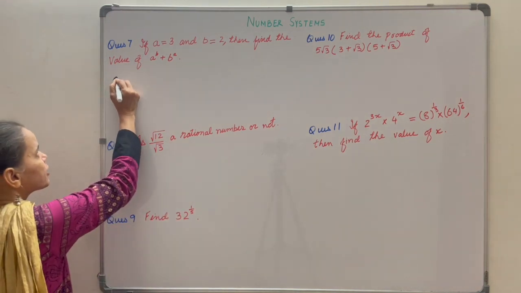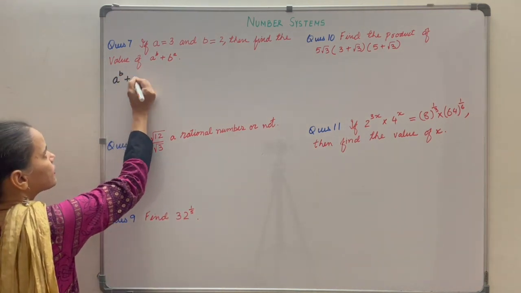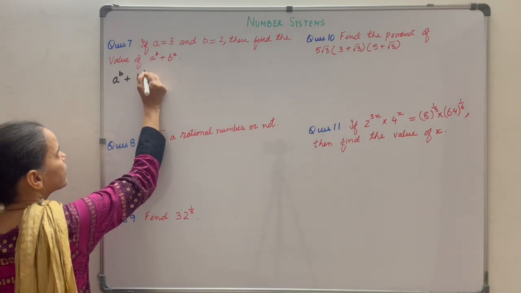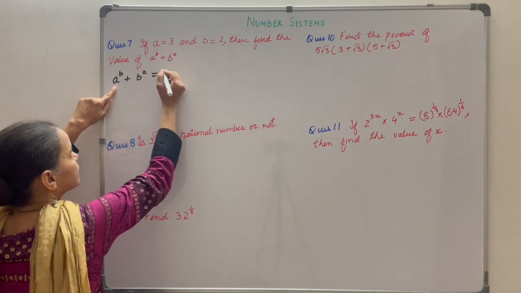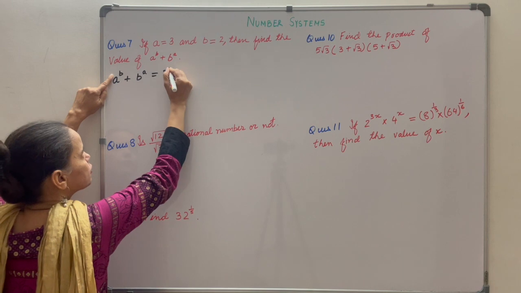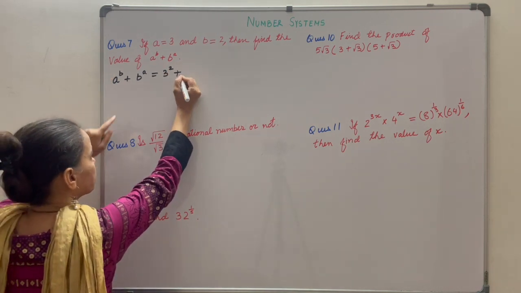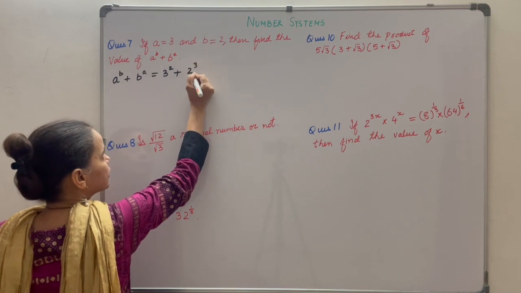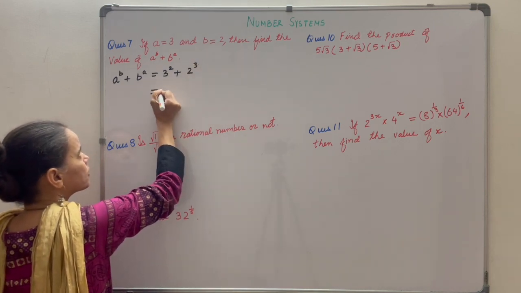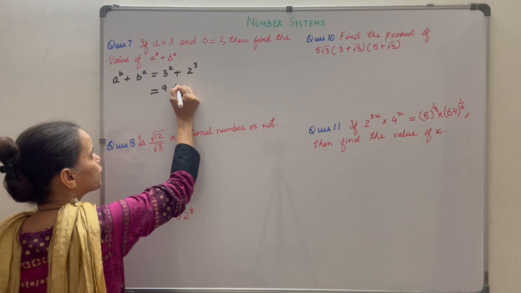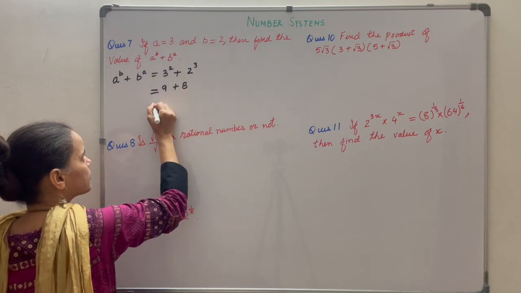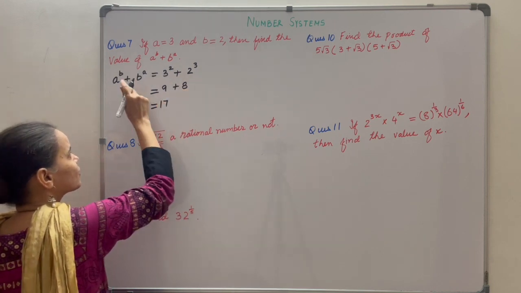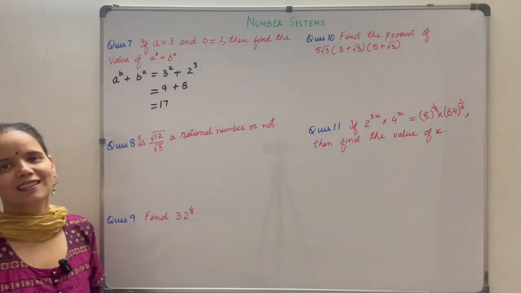So we have a raised power b plus b raised power a. So the value of a is 3 and b is 2. So we have 3 square here, plus b is 2 and a is 3, so we have 2 cube. So 3 square is 9 and 2 cube is 8. 9 plus 8 is 17. So the value of this expression is 17.